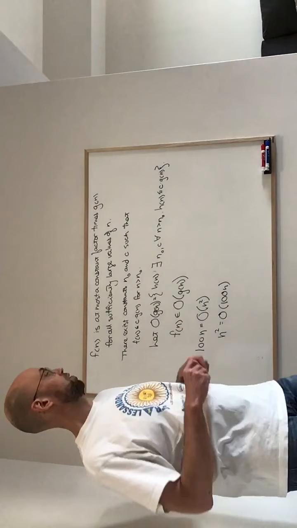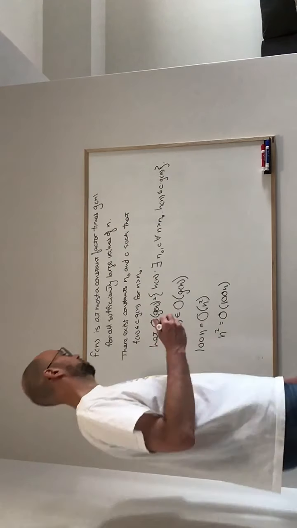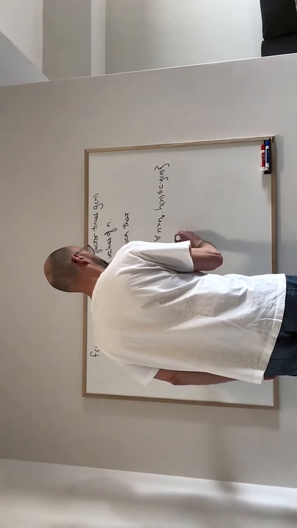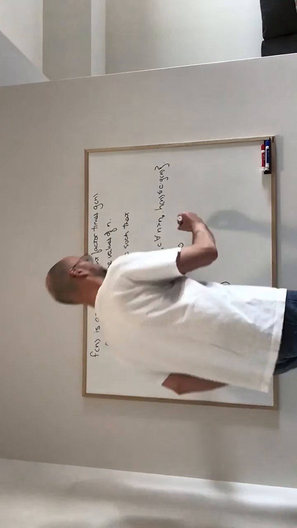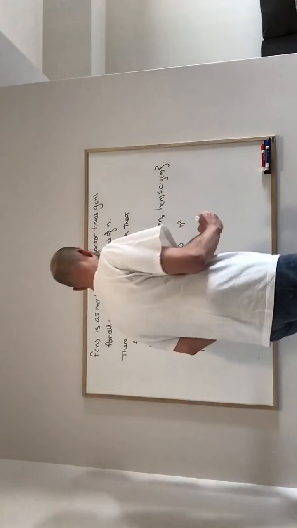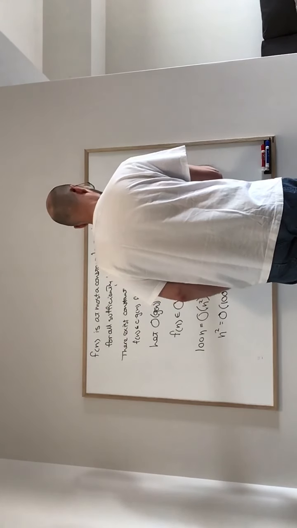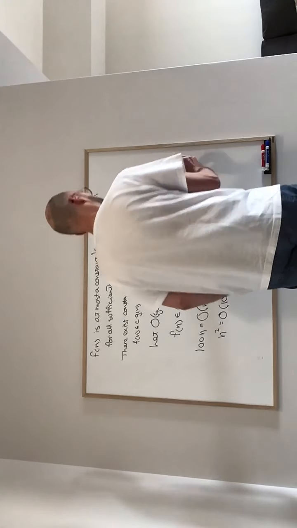So let's pick a c. Let's say c equals 90. Then on this side we have n squared, and on this side we have 90 times 100 times n.